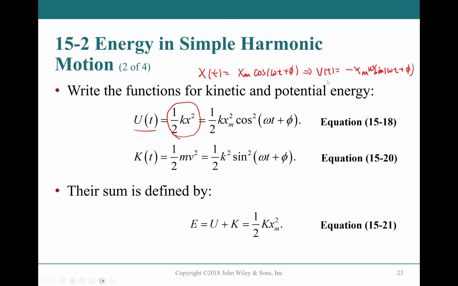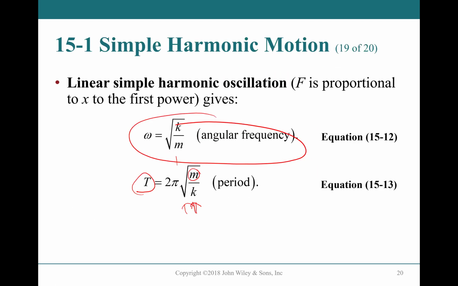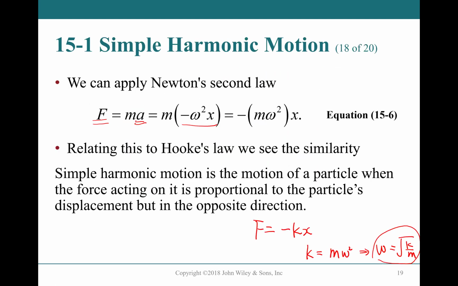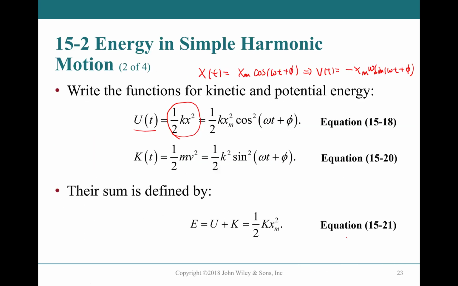Your kinetic energy is 1/2 mv squared, so you do m times this square, and also m omega squared equals k. So you get this. Why is that? Take a look at this. k equals m omega squared.